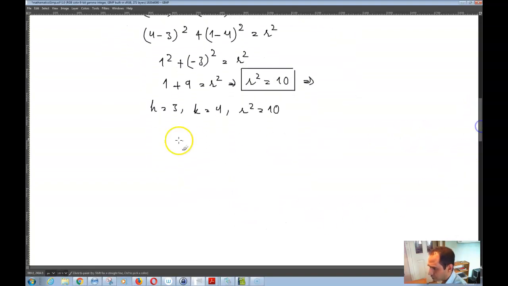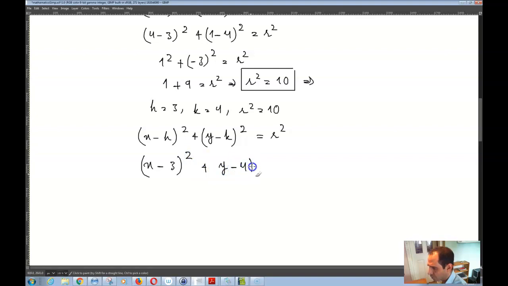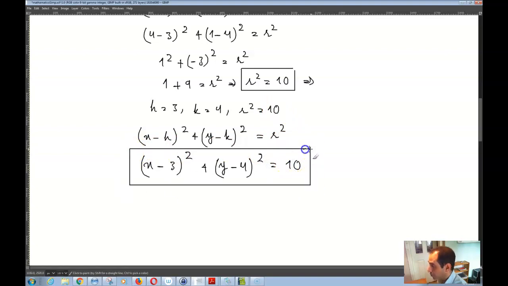The equation of a circle is x minus h whole squared plus y minus k whole squared is equal to r squared. So I can write x minus 3 whole squared plus y minus 4 whole squared is equal to 10. And that is the equation of your circle. So that is question number 10.